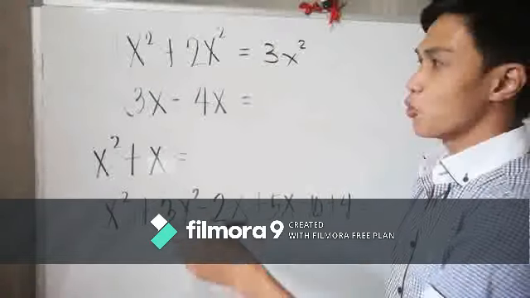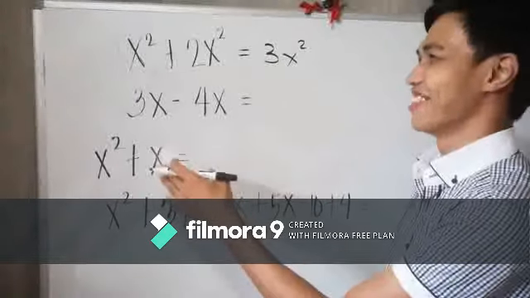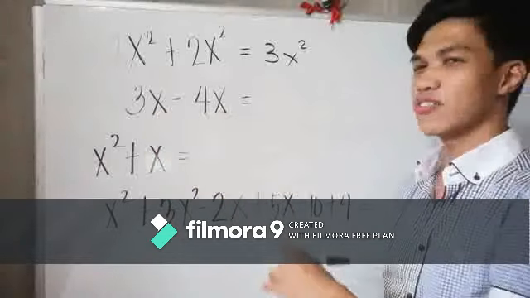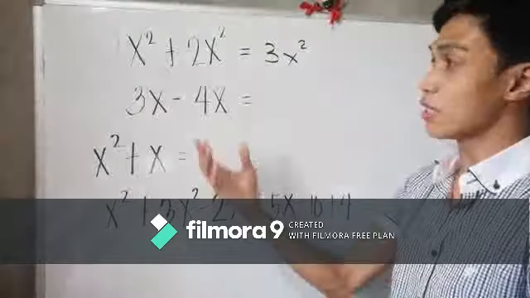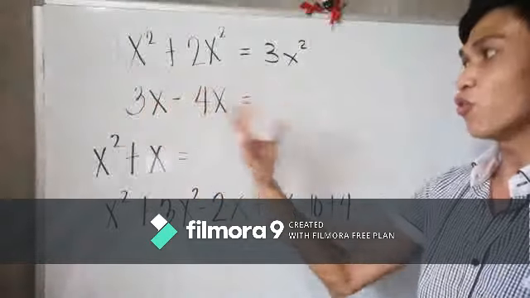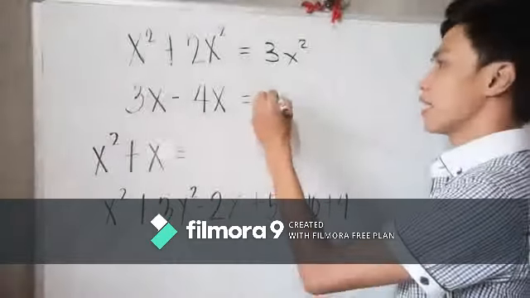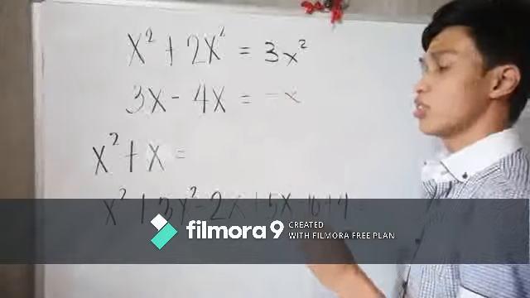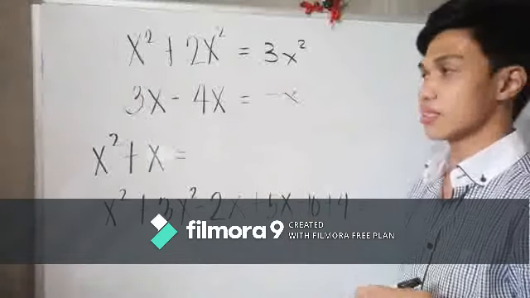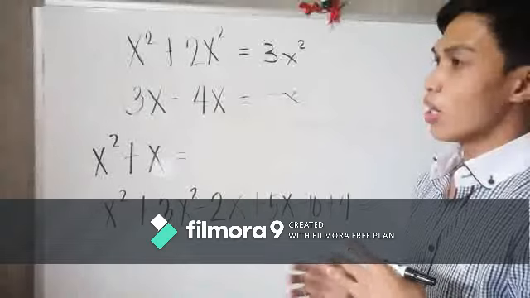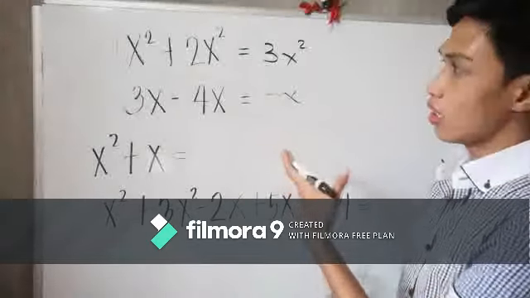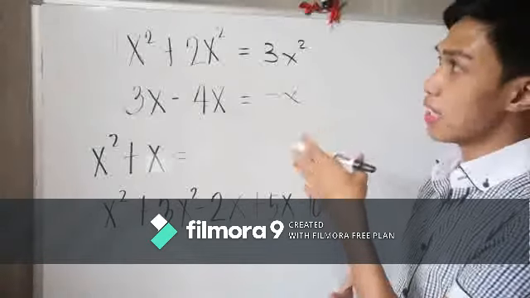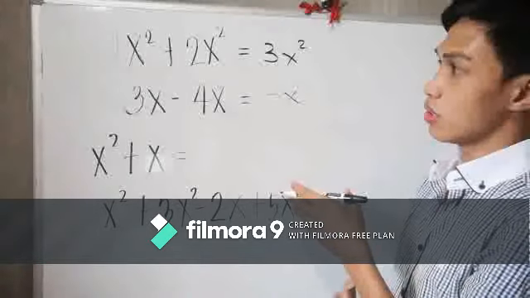Next, we have here 3x minus 4x. In our previous lessons, we can subtract 3x and 4x, and that would be negative 1x, or simply negative x. So what is the principle behind those two expressions?